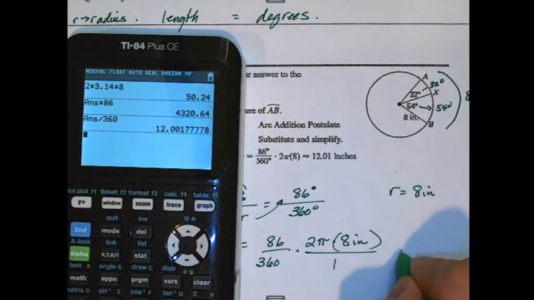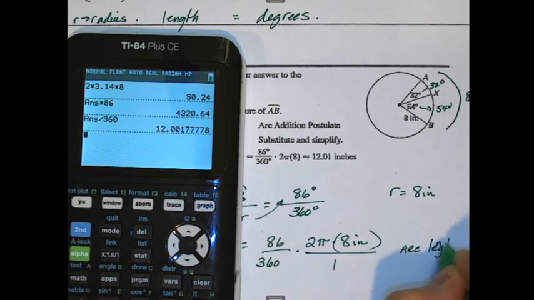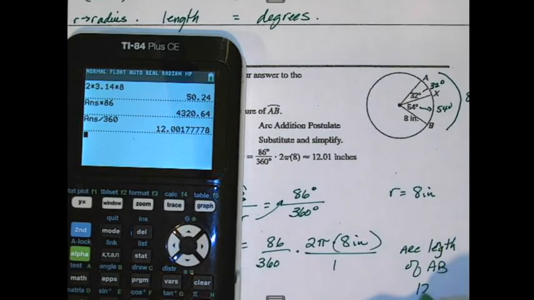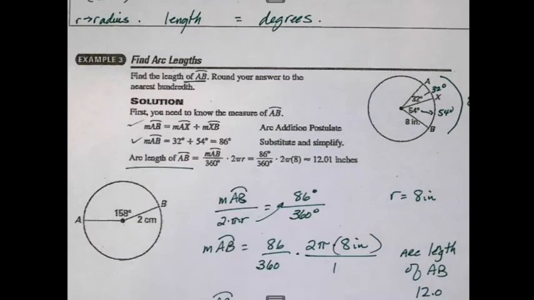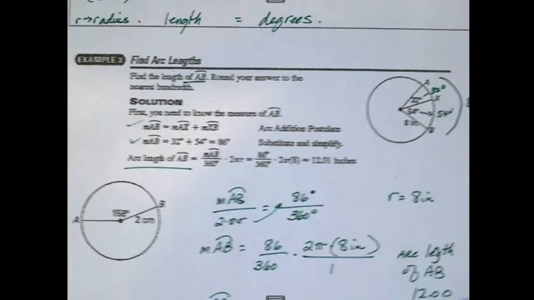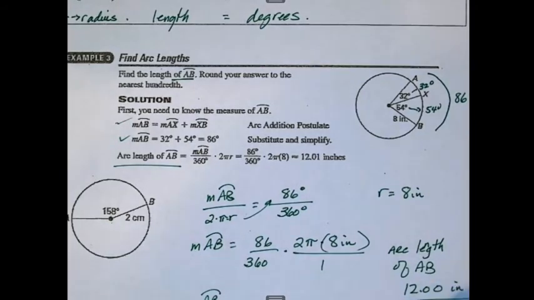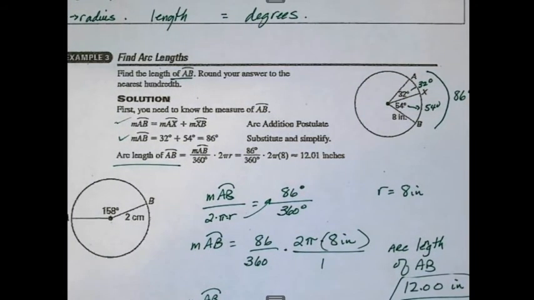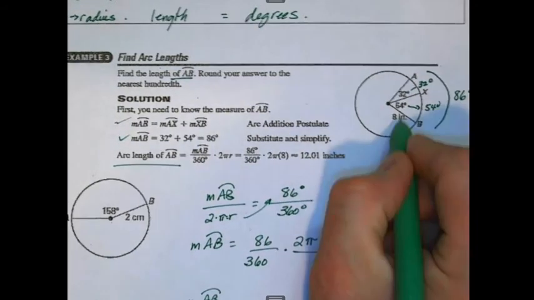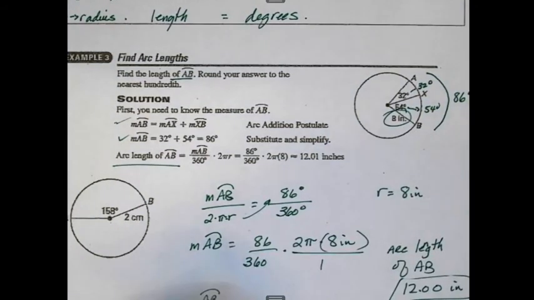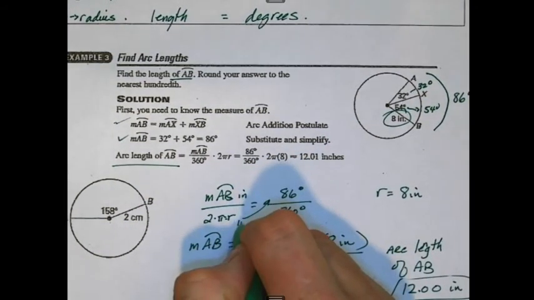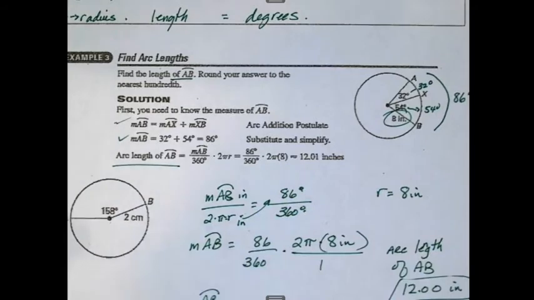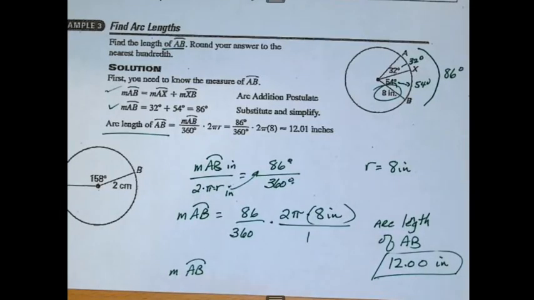So the arc length of AB is 12.00 inches. Now, why inches? Because the radius was in inches. So if it's inches over inches and degrees over degrees, you have inches left over.